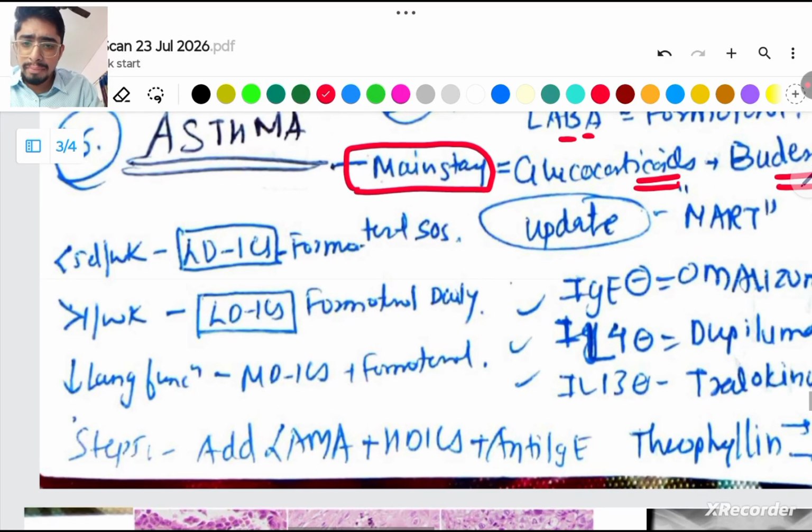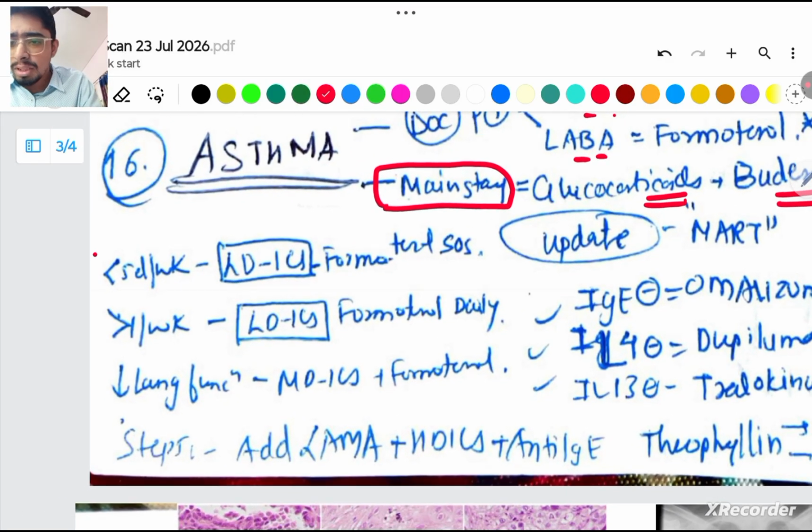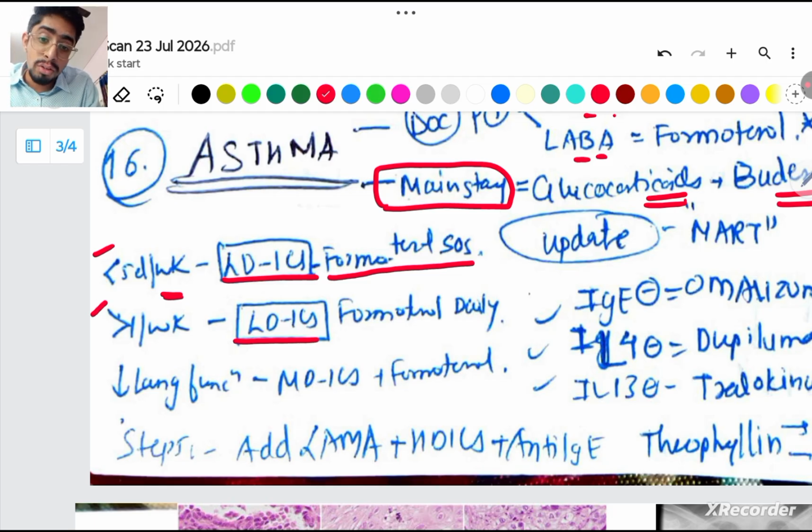Now let's look at the symptoms and the treatment of asthmatic patients. If you have symptoms less than 5 days a week, you have to go with low dose ICS, which is inhalational corticosteroids, along with formoterol as SOS, whenever you need formoterol. Now if more than 1 week, you have again low dose ICS and formoterol daily.